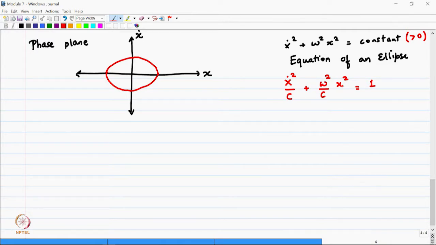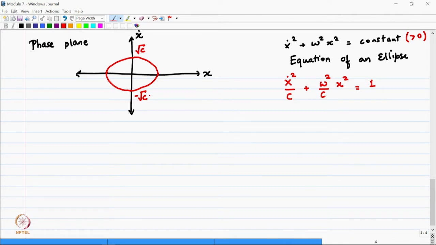When x equal to 0, x dot square equal to c, so x dot is equal to root c and minus root c.